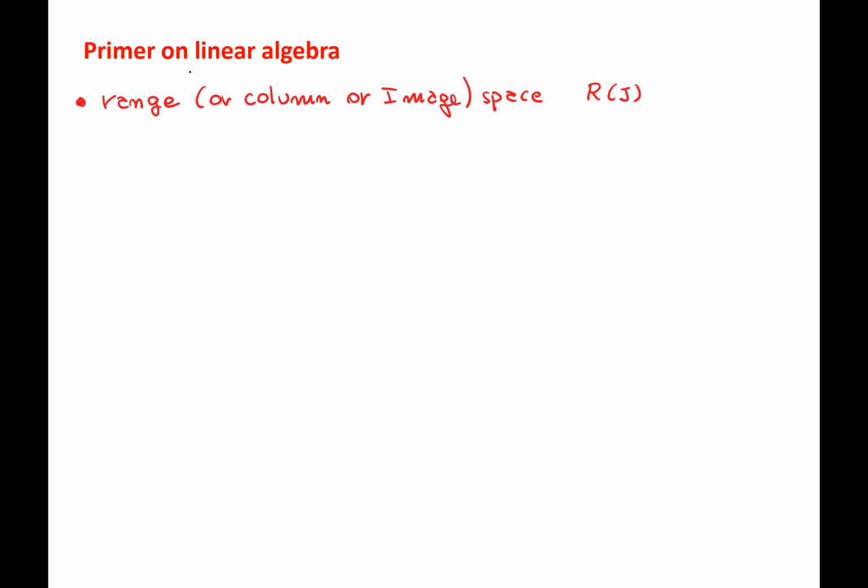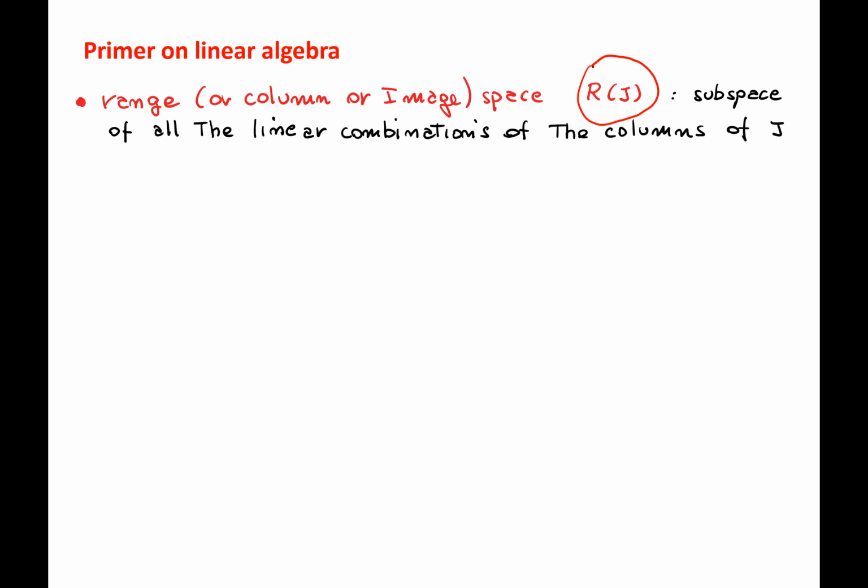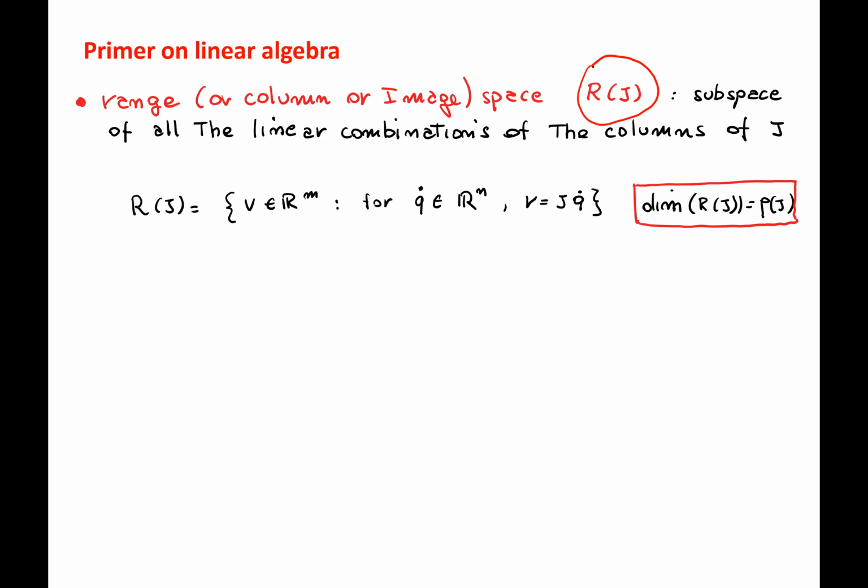Range space, column space, and image space are synonymous, and they are represented by the notation R of J. This represents the subspace of all the linear combinations of the columns of J. So think about if you have J as a mapping from joint velocities to task velocities.